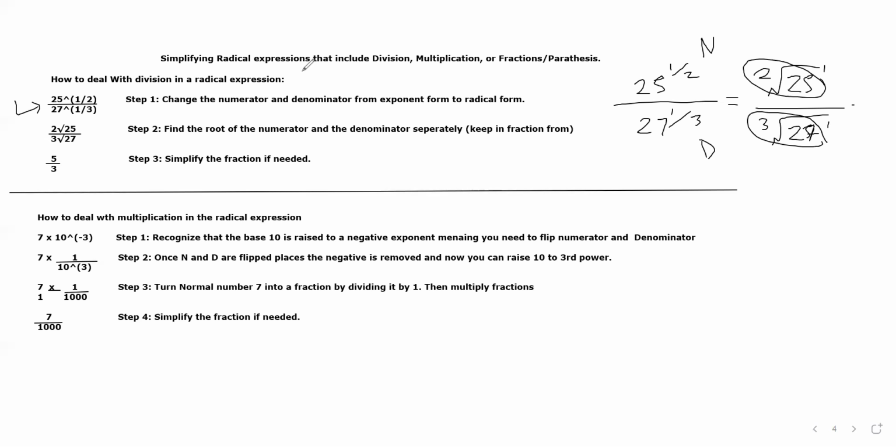So the numerator is going to be 5. And the denominator, 27, what number times itself three times will give me 27? If you were paying attention in the last problem, this would have been 3. So now we have 5/3.